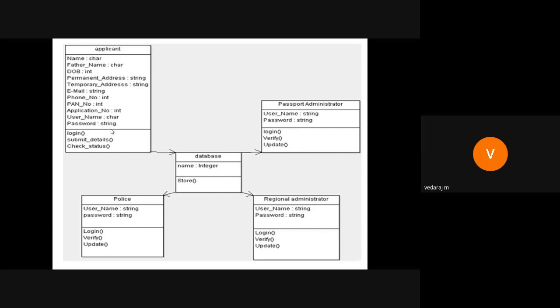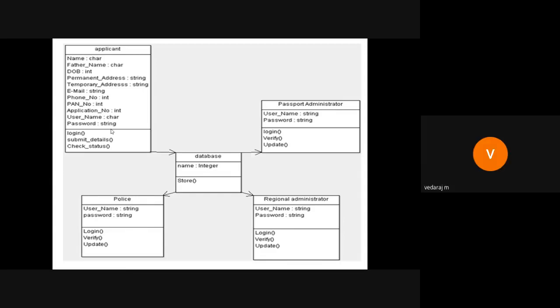I already clearly told how to add attributes in a class notation. One is the access specifier, followed by the name of the attribute, then followed by a colon, then followed by the database data type. Every data type should start with an uppercase letter. Anyone from boys side, what attributes are possible in the patient class? Patient name.